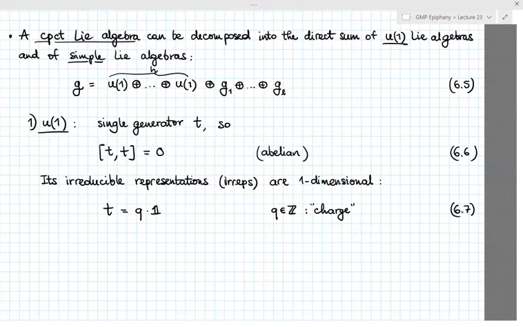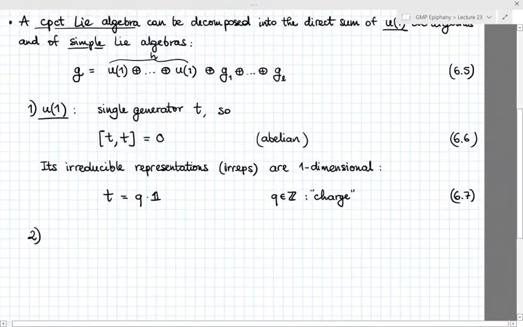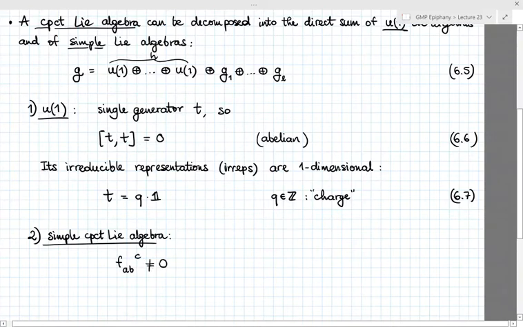Okay, so what about the simple Lie algebras? And again, we'll always think about simple compact Lie algebras. Well, these have multiple generators, and we can define them by requiring that the structure constants f^{abc} are non-vanishing, say, for all c.